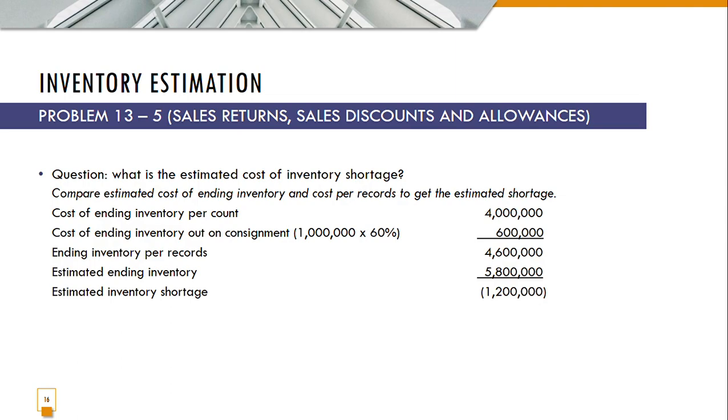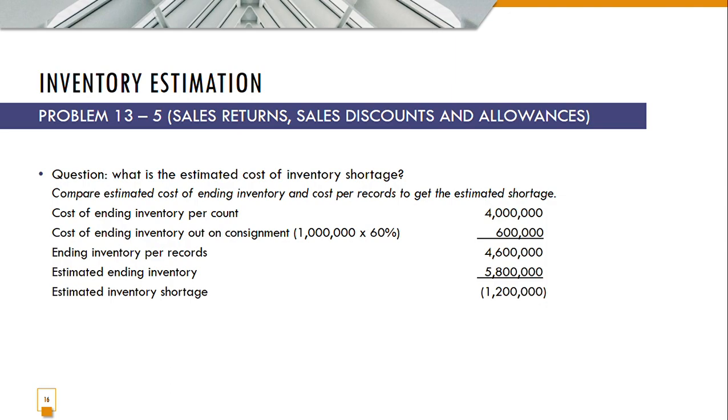So per record, you have 4 million in ending inventory, and you have 600,000 inventory out on consignment. So we arrive at 600,000 from the cost ratio of 60% multiplied by the retail, or the selling price of our consigned goods. So you have a total of 4.6 million inventory per your records.